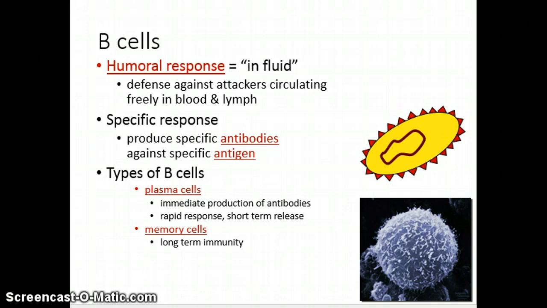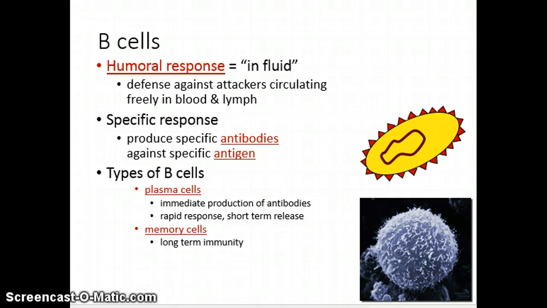The second type of B cell is called a memory B cell. So when the lymphocyte system gets activated from an invasion by a pathogen, there is the production and release of these B cells throughout the body, or actually the multiplication, because they're already circulating.